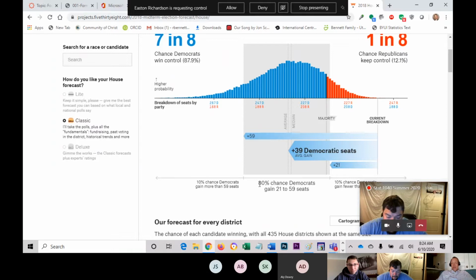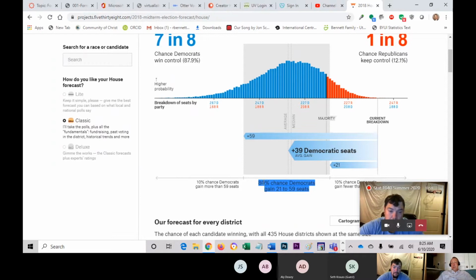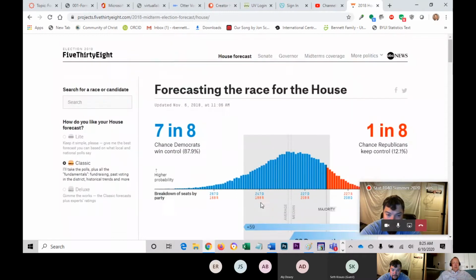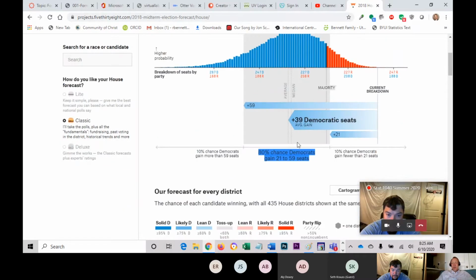This is one of the few cases where they did a confidence interval and said, okay, we think that they're going to gain probably about 39 seats, but there's an 80% chance that Democrats would gain between 21 and 59 seats. I can't remember how many seats they won, but it was more than 39.